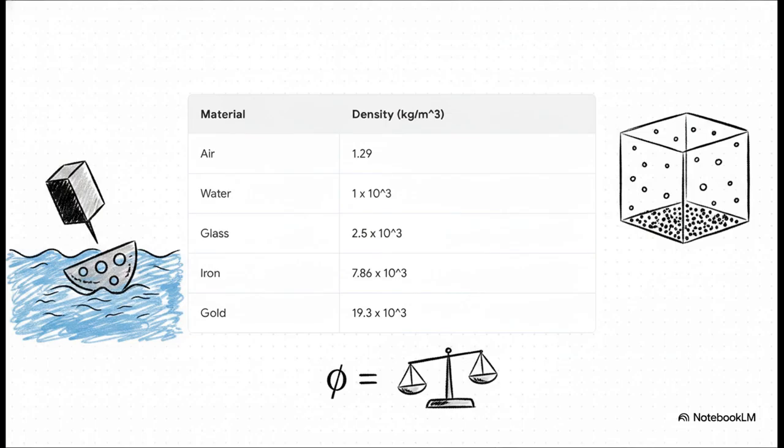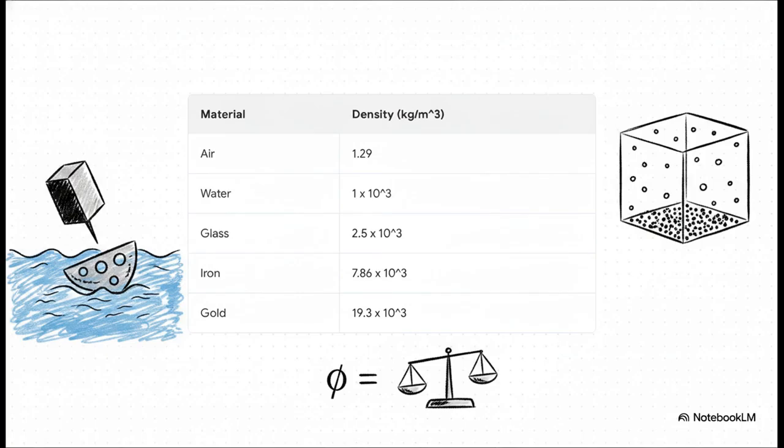Iron, on the other hand, is nearly 8 times that, at 7.86 times 10 to the third. And this brilliantly answers our earlier question about why a solid iron needle sinks. The iron itself is vastly denser than the water it's placed in. Giant iron ships only manage to float because their hulls are specifically shaped to enclose massive amounts of air, which lowers the overall average density of the entire ship to less than that of the ocean water.